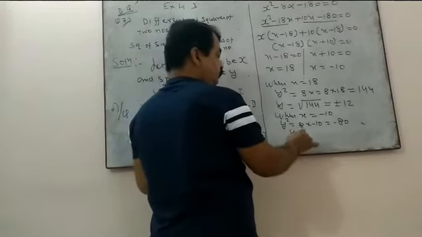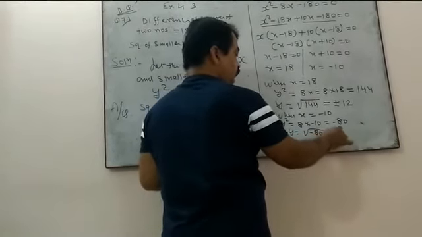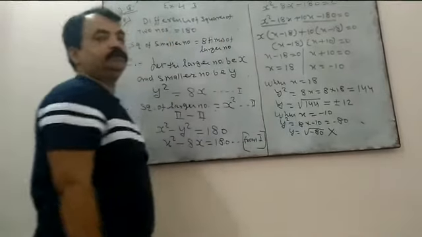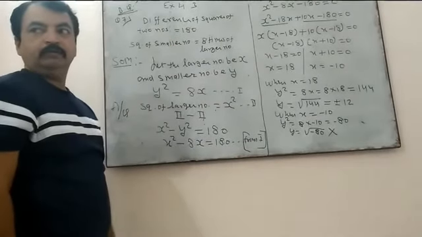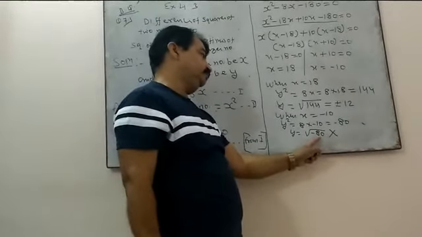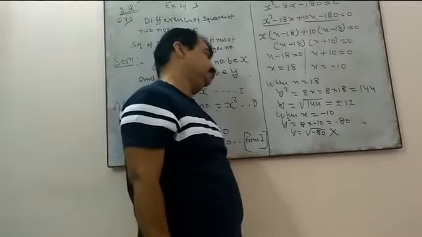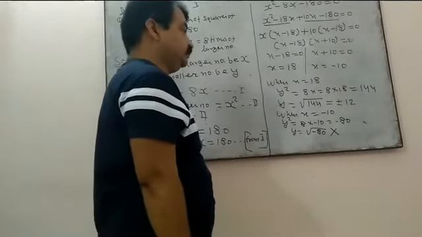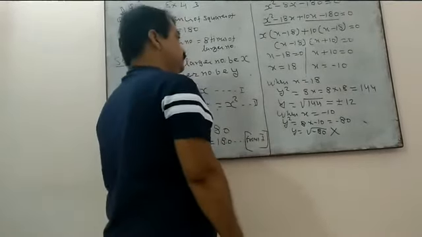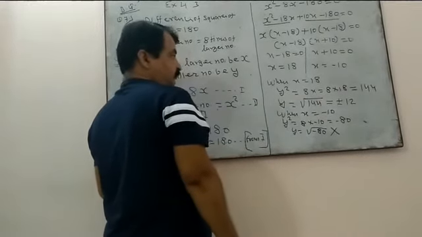So y equal to under root minus 80. And you know the root cannot be negative. Getting? This is called the radicand. The radicand cannot be negative. So this value is not accepted. So now it is very clear, minus 10 is not possible for the larger number, right?